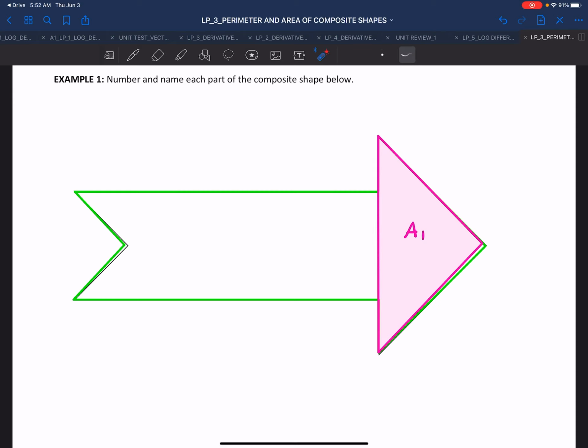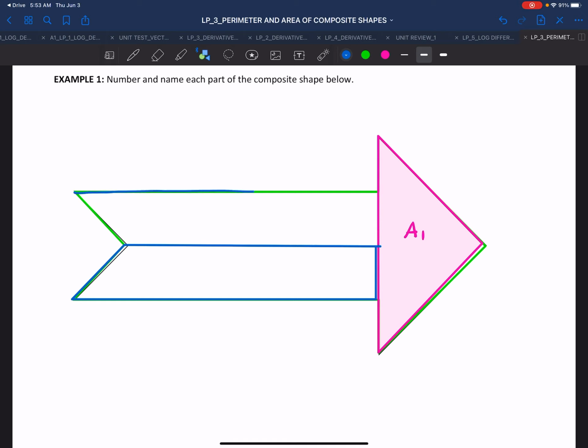Now, as you can see in here, this shape doesn't have a particular name, but if we drew a line right here in the middle, then you can clearly see two trapezoids. So I will highlight the first one. This is the first trapezoid.